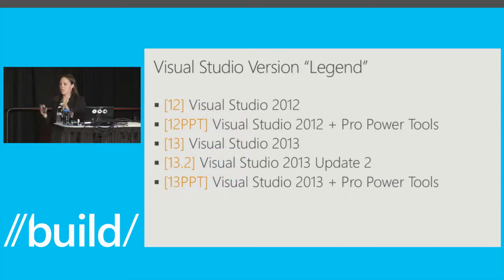If you've got a pen and paper out, don't feel like you need to feverishly write everything down. I'm not going to use the deck after this slide, I think, but I've got a legend here to tell you which version you can find everything in. All of this stuff is in 2013, but a couple of the things I'll show you are in the Productivity Power Tools, so that's why you see this 13 PPT legend.